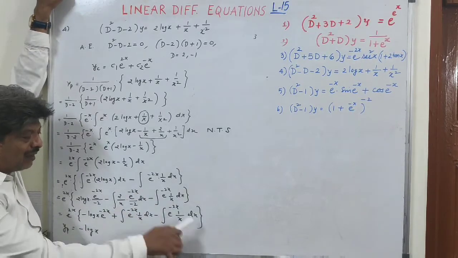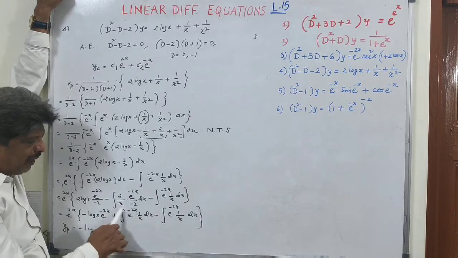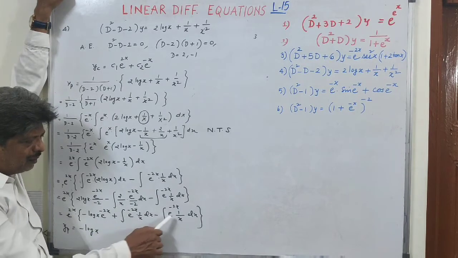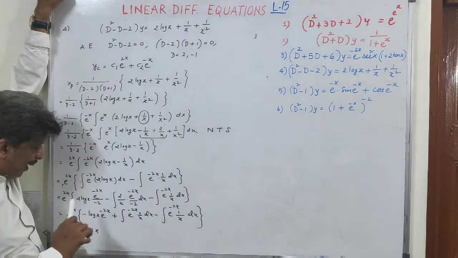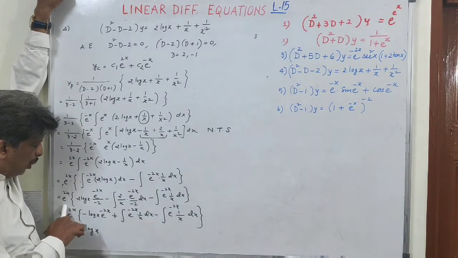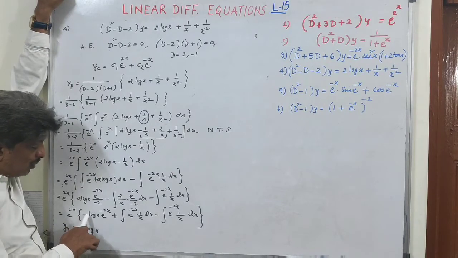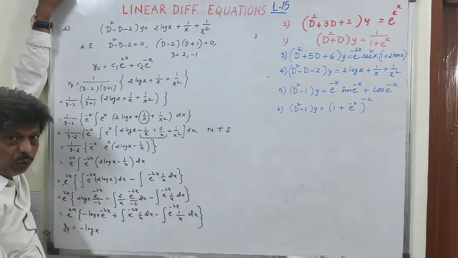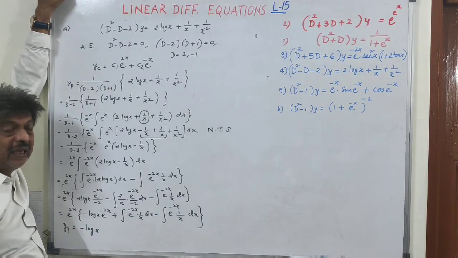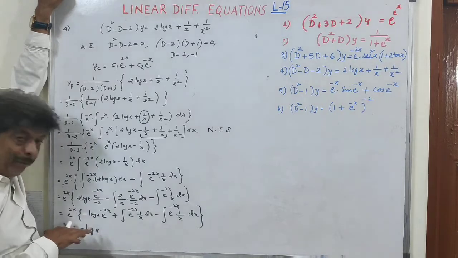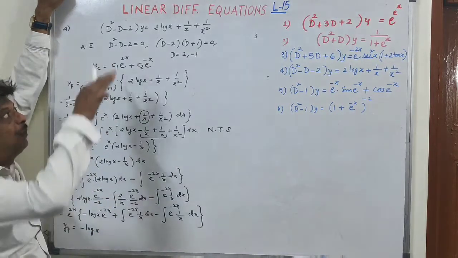So this second and last term cancel out, plus integral e raised to power minus 2x into 1 by x minus e raised to power minus 2x into 1 by x. So these two terms go, and we are left with e raised to power 2x times minus log x into e raised to power minus 2x.